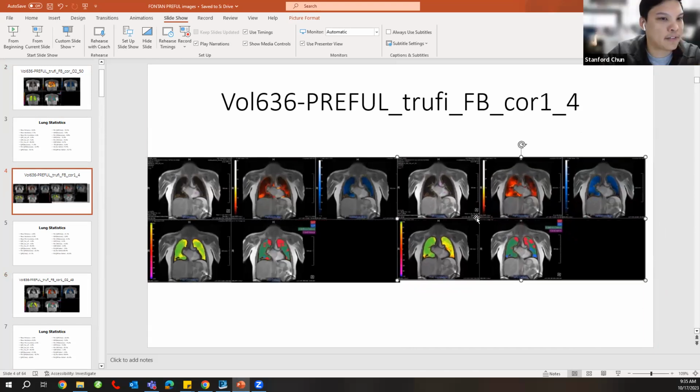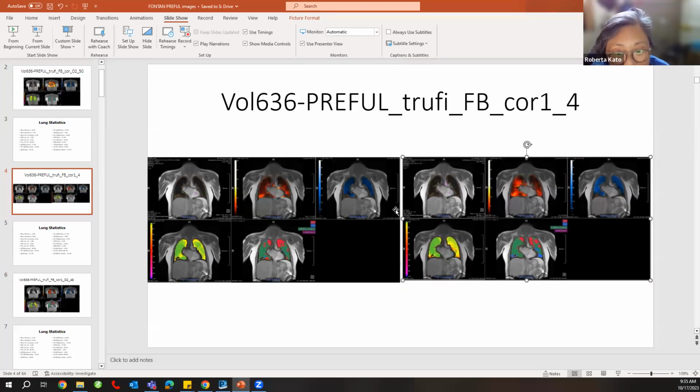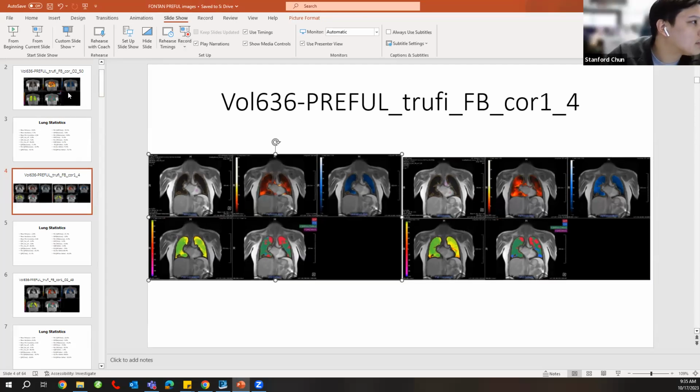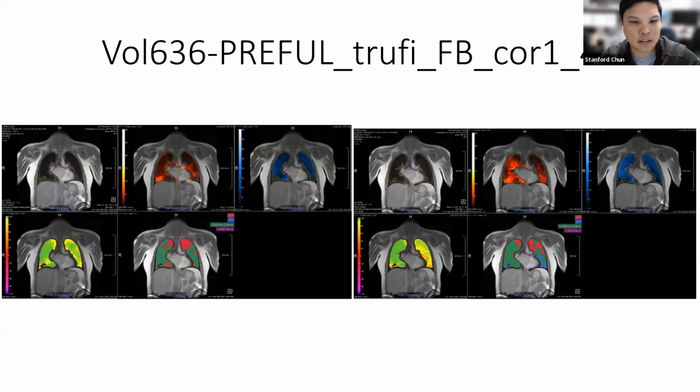I'm just trying to see how I can fit this all in the same slide. Is this better? Looks good. So the one on the left is no oxygen and the one on the right is with oxygen. That's correct. And you said this is an asthma patient? This one's a Fontan.